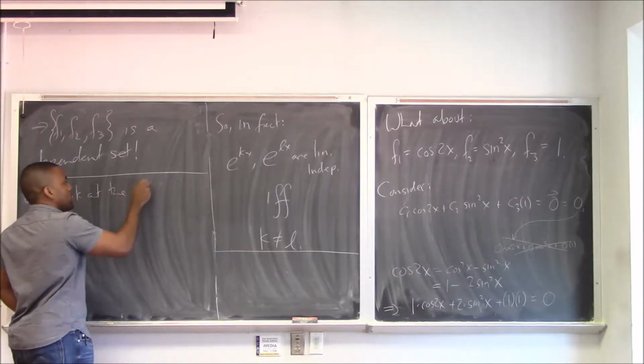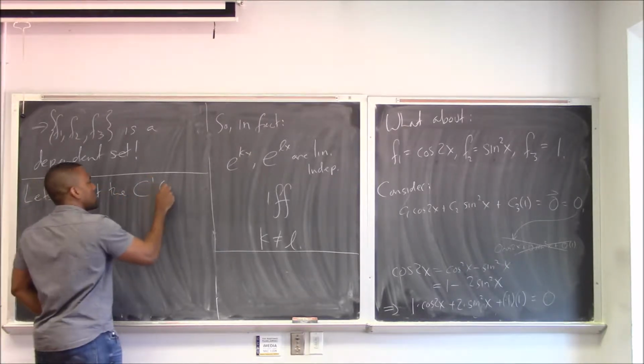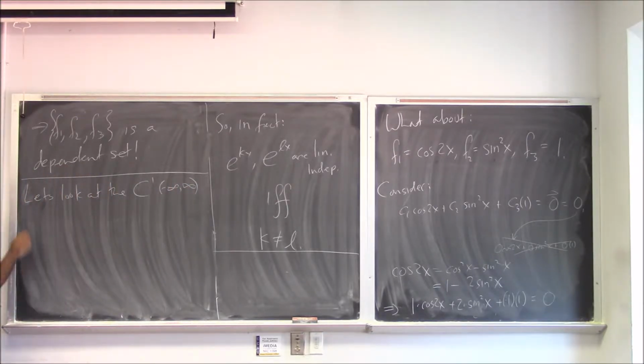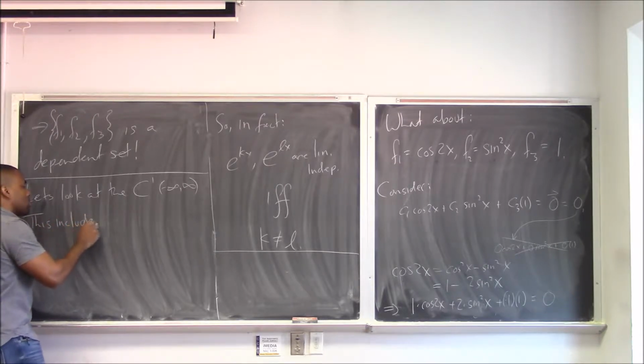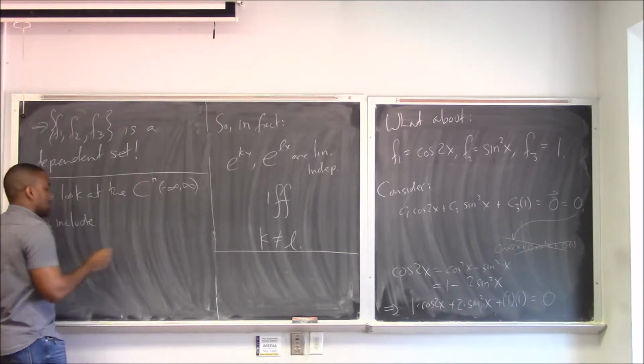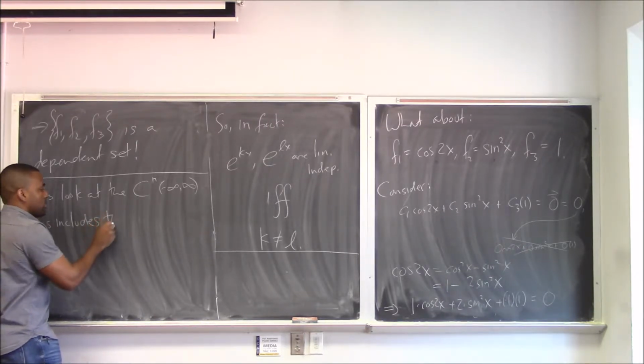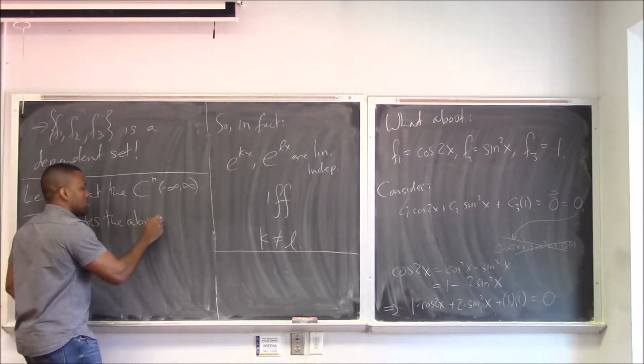Let's expand our view to the C1 functions. Remember, these are the continuous functions that are once differentiable. Or just Cn. This includes the above examples, but of course many other functions.